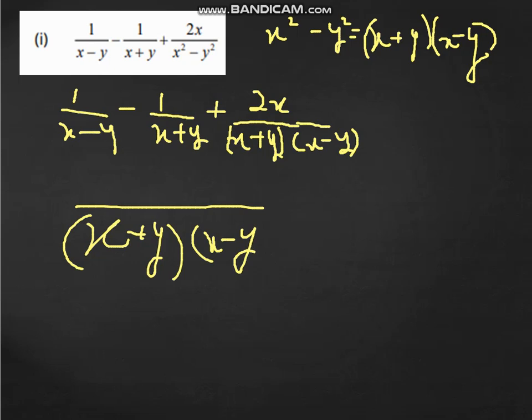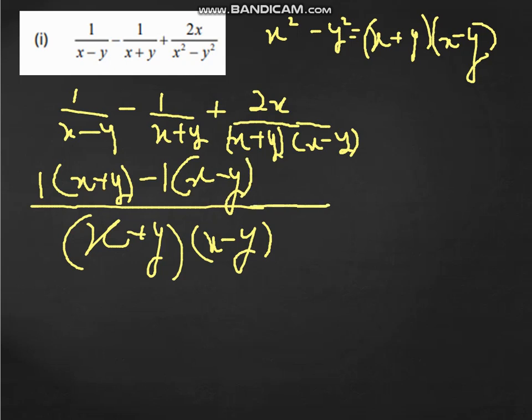Since the first fraction doesn't have x plus y, we'd have to multiply 1 by x plus y. And the second fraction doesn't have x minus y, so we'd have to multiply negative y with x minus y.